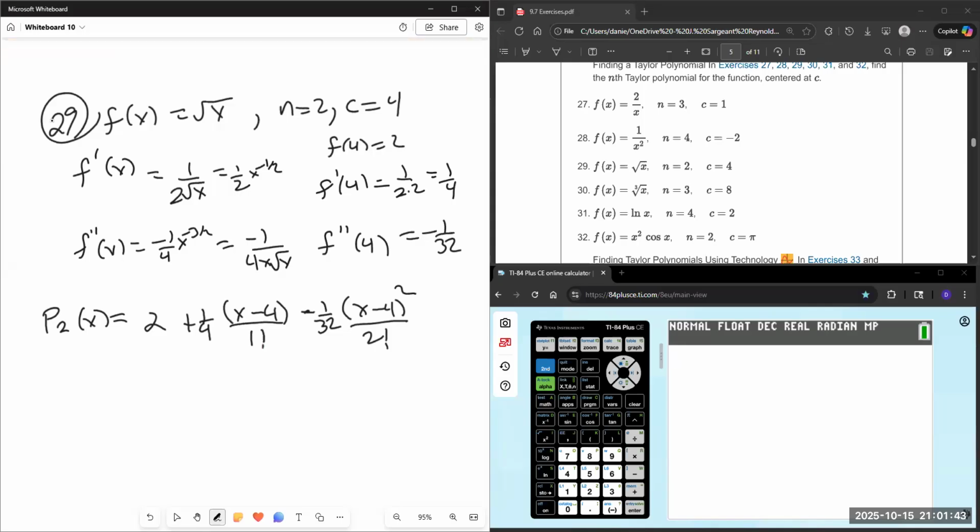This is over 1 factorial. This is over 0 factorial. So p2 of x is 2 plus 1/4 x minus 4 minus 1 over 64 x minus 4 squared.